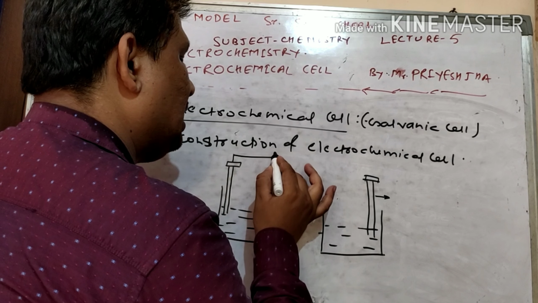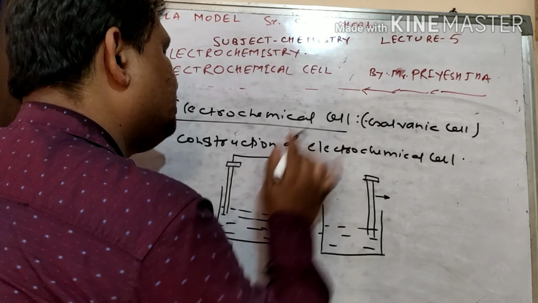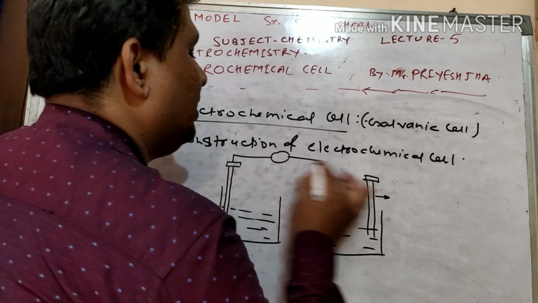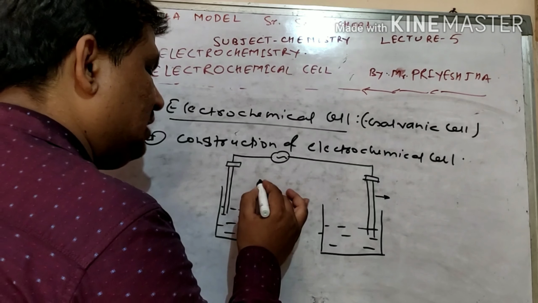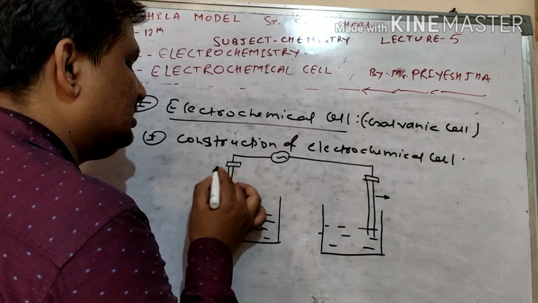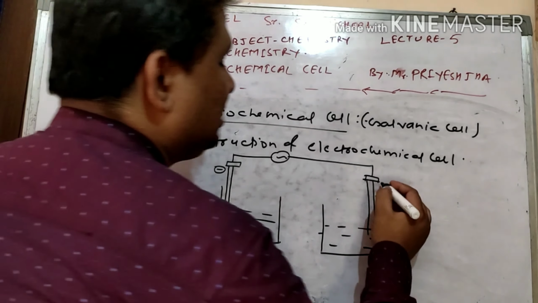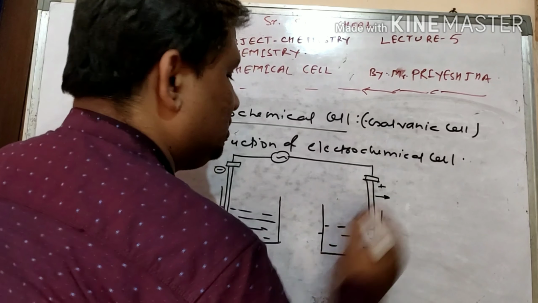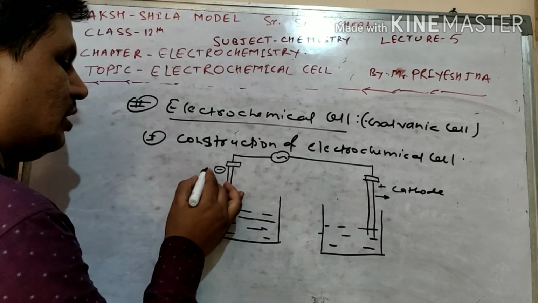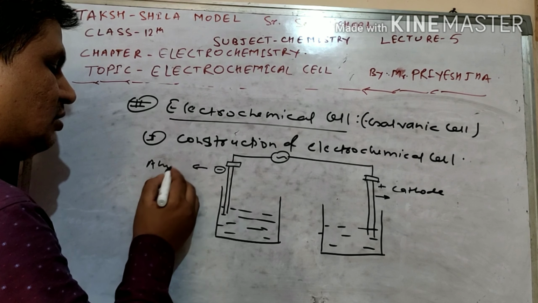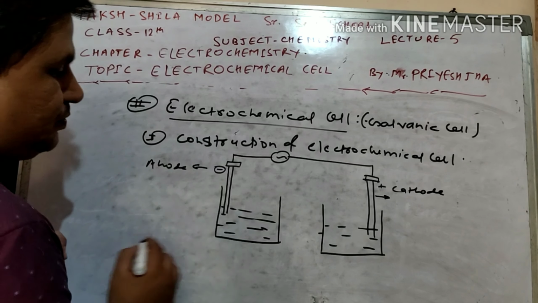These two electrodes are connected by an external wire, and this is negatively charged, the anode, and this is positive, the cathode.